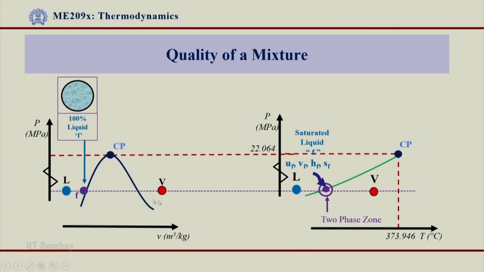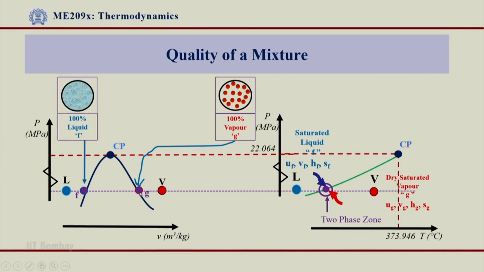Similarly, I got a saturated vapor line now here on the dome itself, and the properties related to this G point, which is 100% vapor, also can be obtained directly from table 1 or 2 or even table 3. So, for any pressure, if I know the T sat value for this pressure, at T sat you can get the properties at F point and the properties at G point.